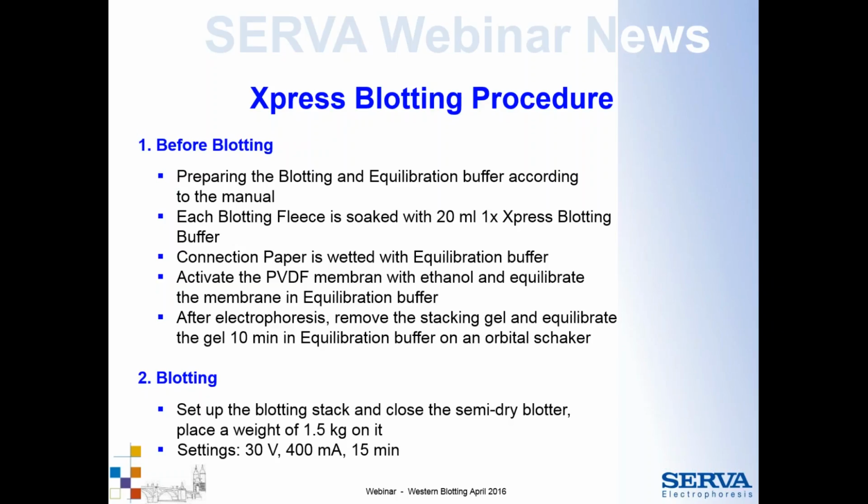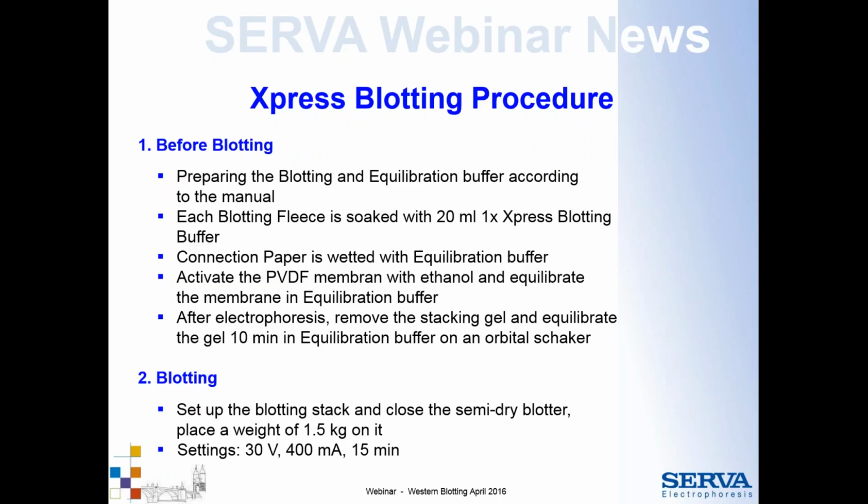After the blotting fleece is soaked, the connection paper is wetted, and the PVDF membrane is activated by incubation in ethanol, and then it is equilibrated in equilibration buffer.